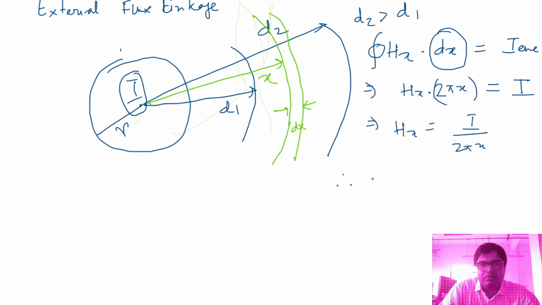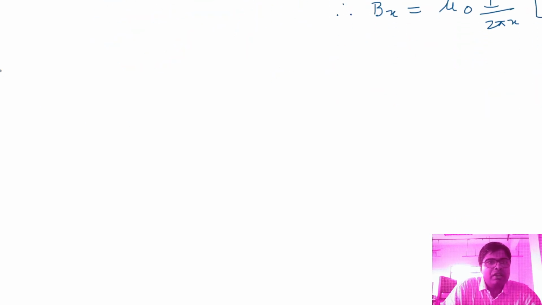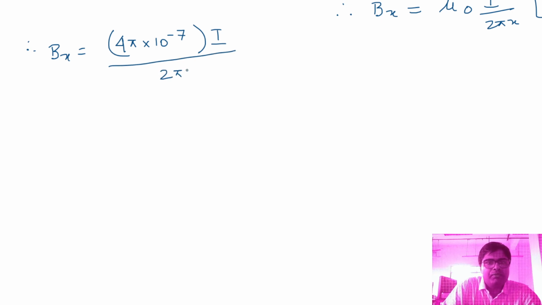So from there Bx, the magnetic flux density, will be equal to mu naught I by 2 pi x. We consider mu r equal to 1 for air. Once done that, we can write Bx equal to 4 pi into 10 to the power minus 7 into I by 2 pi x.